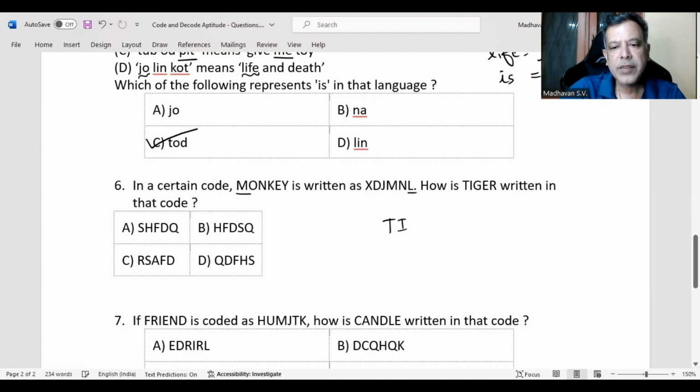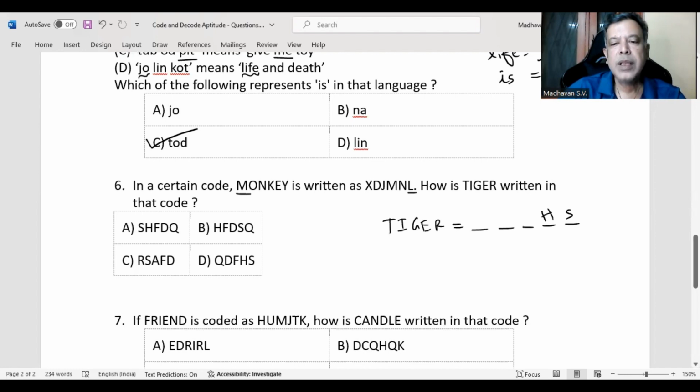So let me write first this tiger should be coded as 1, 2, 3, 4, 5. The previous alphabet to T is S, so S should come, and then the previous alphabet to I is H. So this should be H.